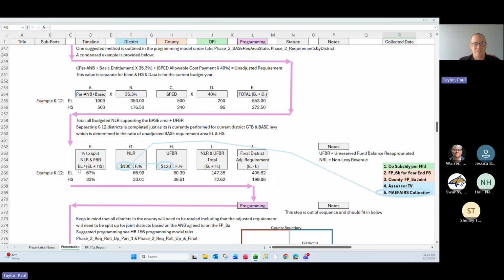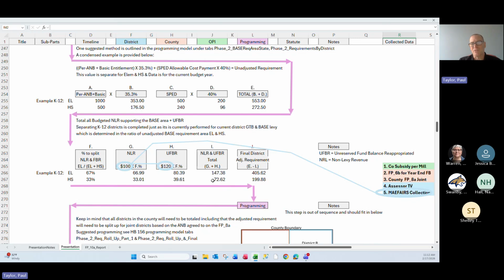You can see here it's elementary divided by the elementary and high school. And this then is a 67-33 split for non-levy revenues and unreserved fund balance reappropriated. Here we're showing it for non-levies. Here we're showing it for the fund balance. Here's the total of the two.